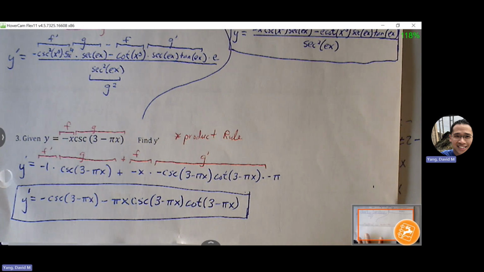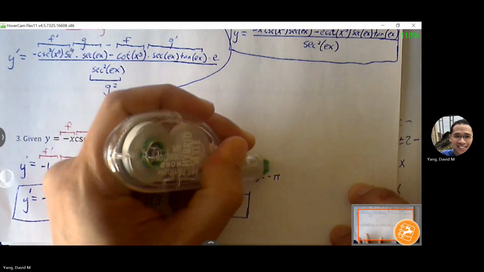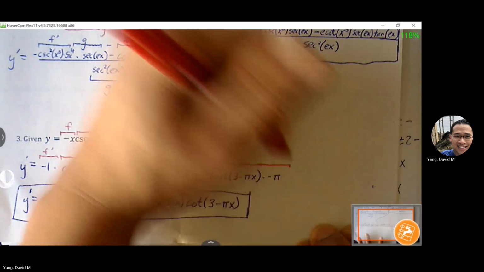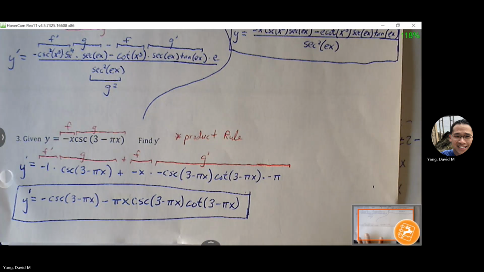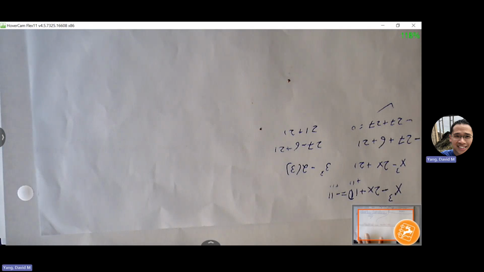So with the 3 negatives, I'm keeping that negative in front. Okay, next page.